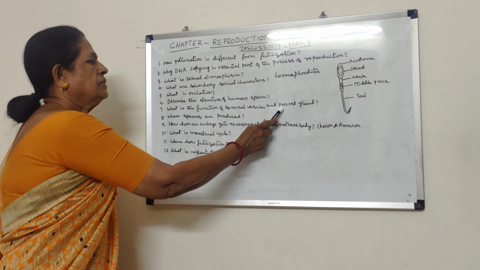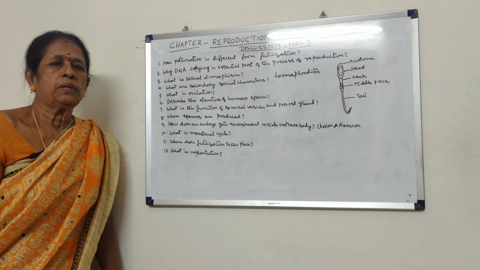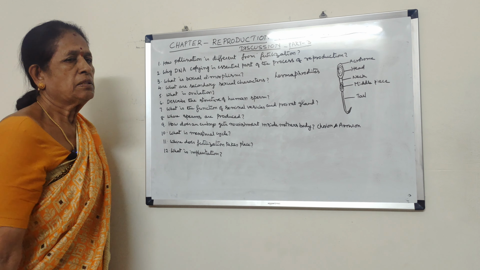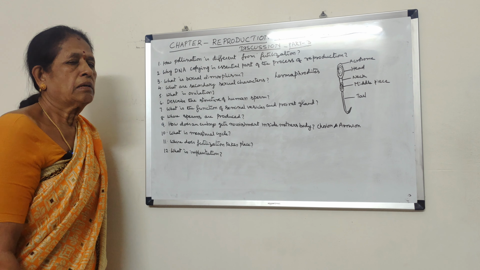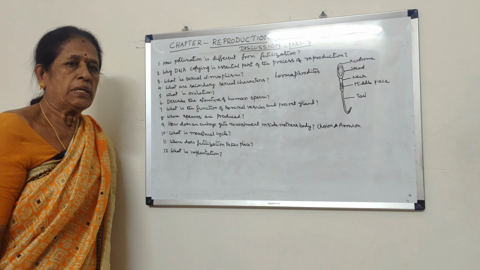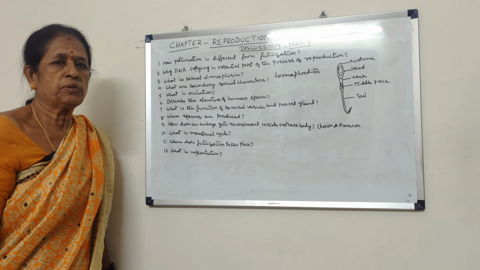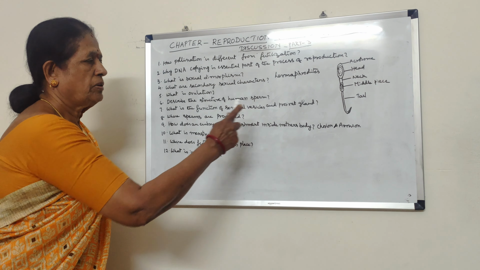What is the function of seminal vesicles and prostate gland? In the human male reproductive system, a pair of seminal vesicles and one prostate gland are present. The secretions of these glands form the semen, and this semen provides nutrients to the sperms, and they also provide a medium for the sperm to swim.